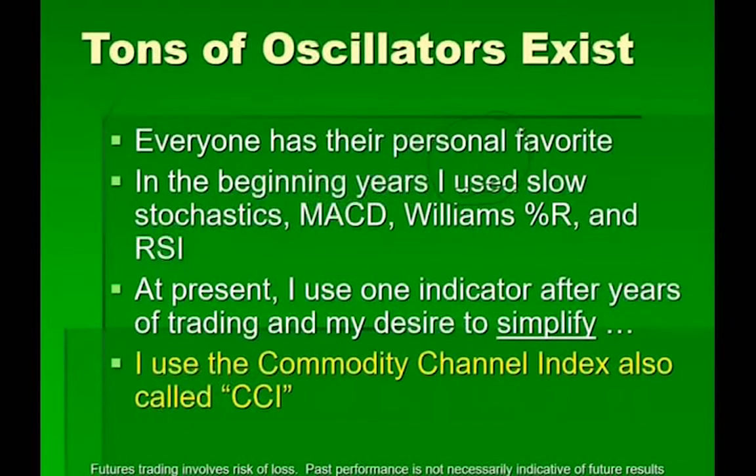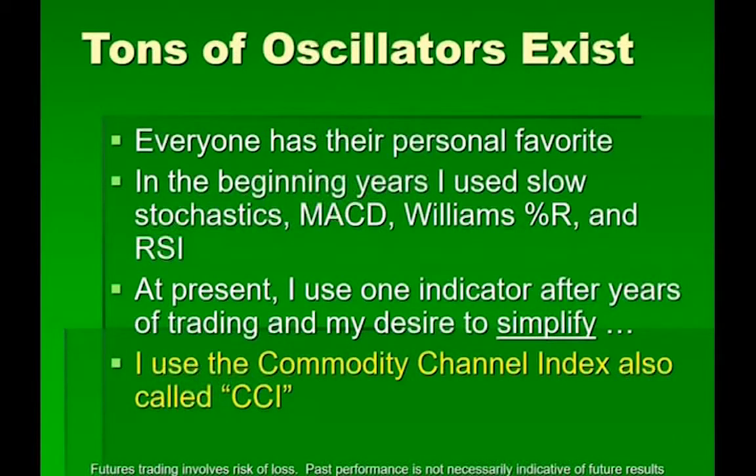Now, tons of oscillators exist. You know that. Everyone has their personal favorites. If you are not a day trader, if you are waiting for market close and you're doing heavy chart evaluation, you can use everything.